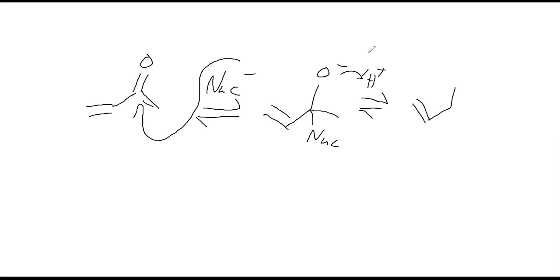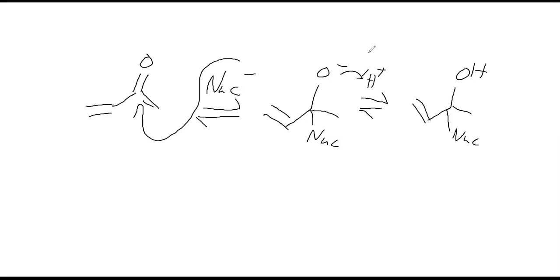Step 1, form our tertiary, and then we protonate. Thus forming tertiary alcohol. There's our 1,2 mechanism.